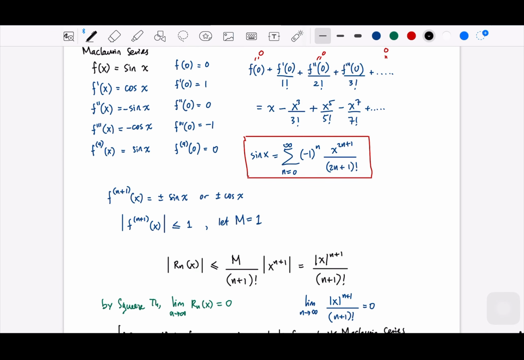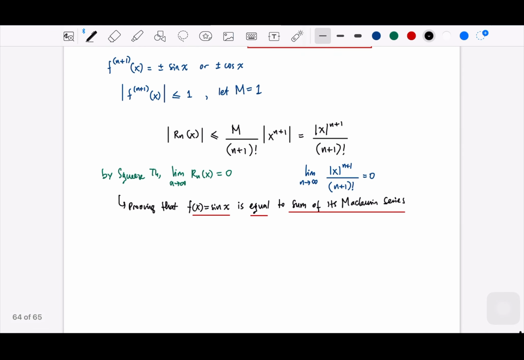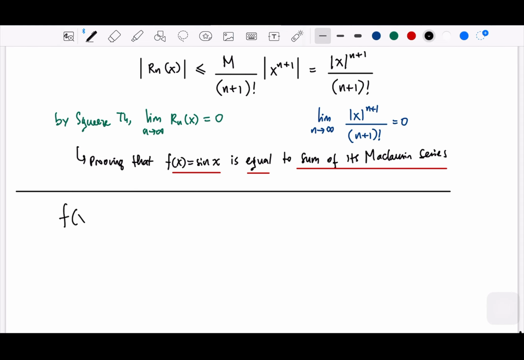Now, if you would like to know the Maclaurin series for the cosine, for example, f(x) equals cosine x, you can start building it up like usual.